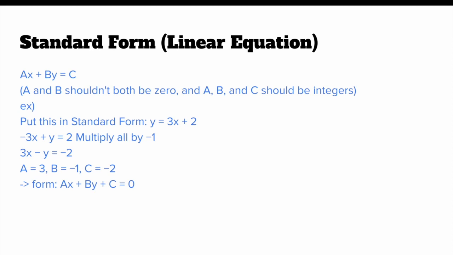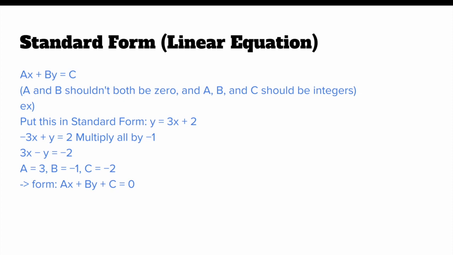Now let's move on to the standard form of a linear equation. The standard form for writing down a linear equation is ax plus by equals c. A shouldn't be negative, a and b shouldn't be 0, and a, b, and c should be integers. For example, when we say to put y equals 3x plus 2 in standard form, we first need to bring 3x to the left, so it will be negative 3x plus y equals 2.